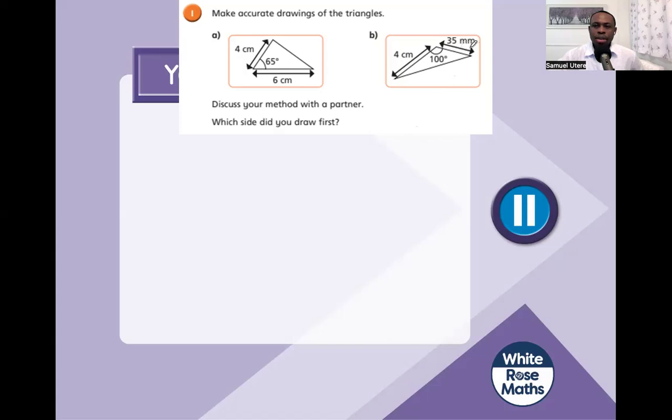If we convert this to centimeters, we divide by 10. So 35 millimeters becomes 3.5 centimeters. We want to construct this triangle that is 4 centimeters by 3.5 centimeters with 100 degrees in between them. Okay, so let's head back.